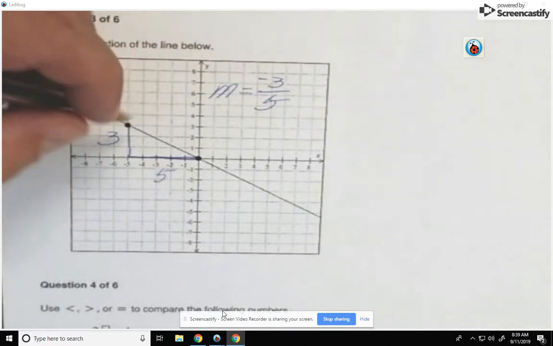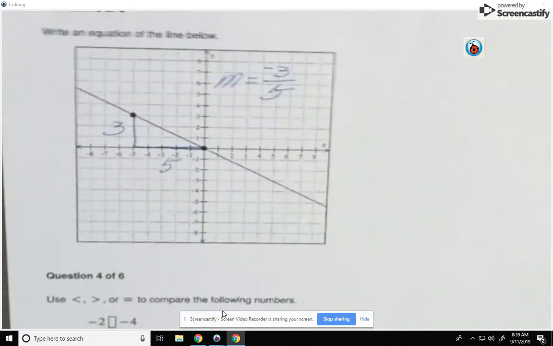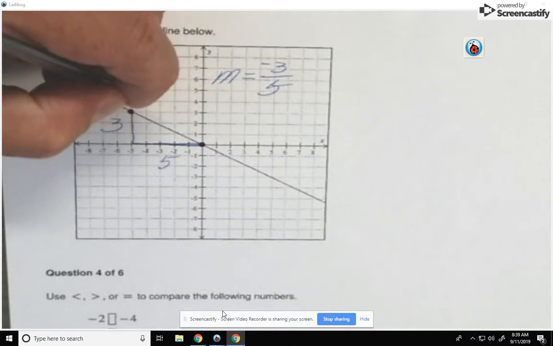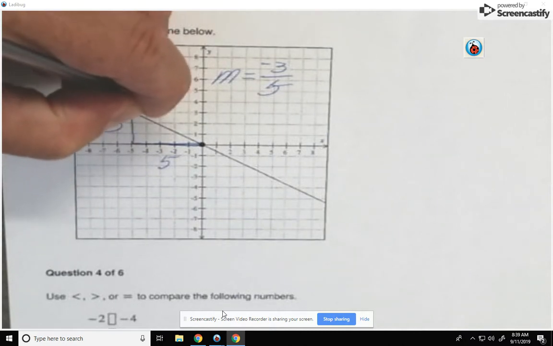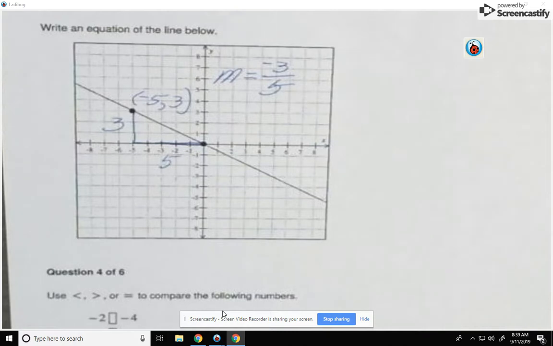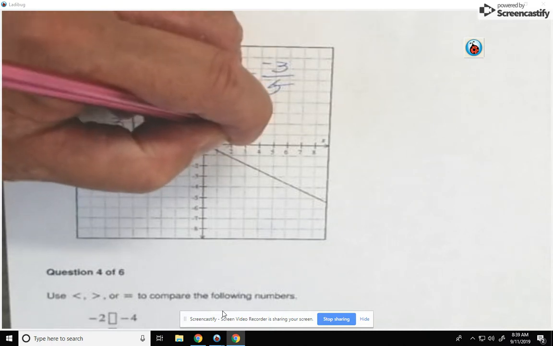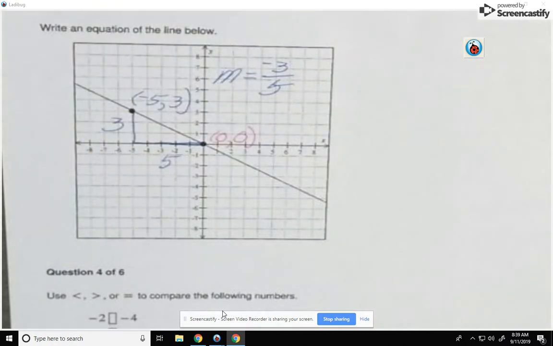Now we also need to figure out our points. This point is at negative 5, 3. This point is at 0, 0. We can write the equation for either one of these points.